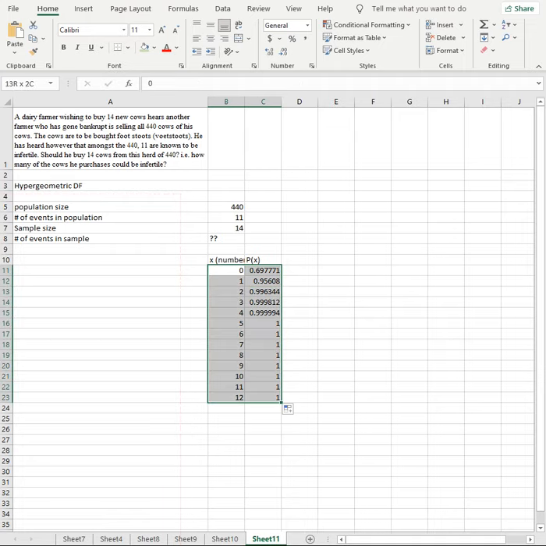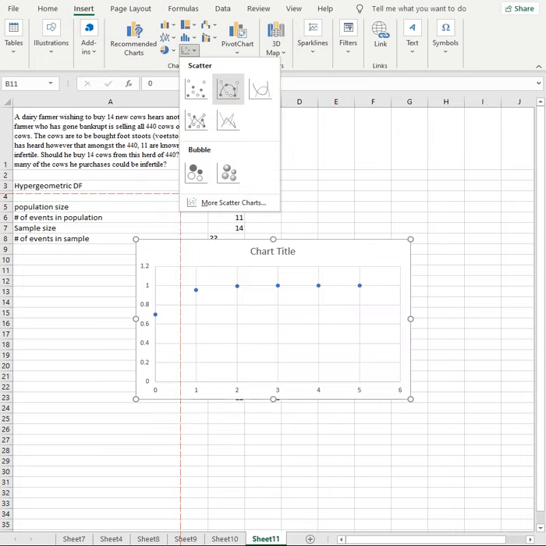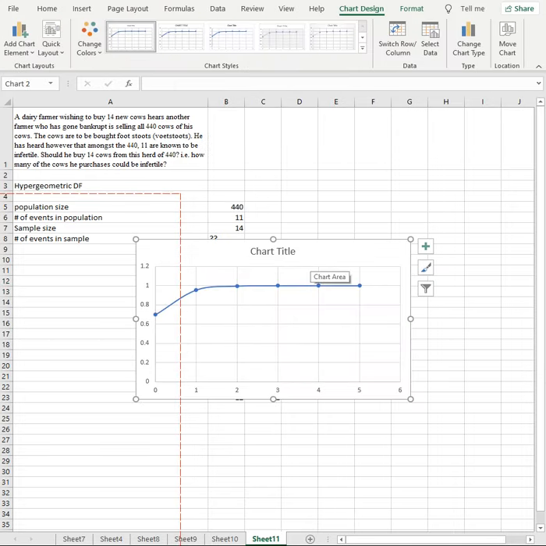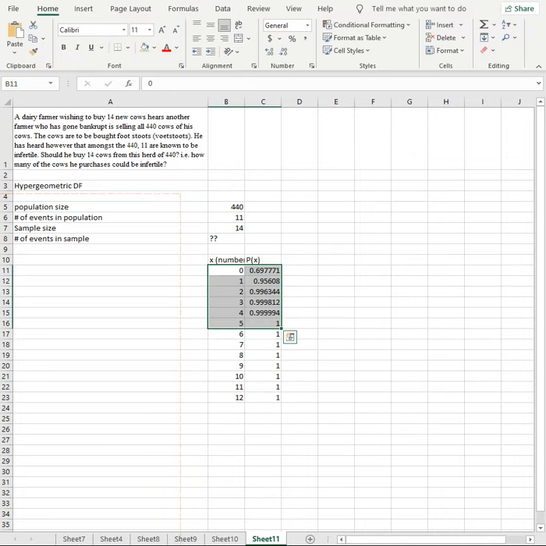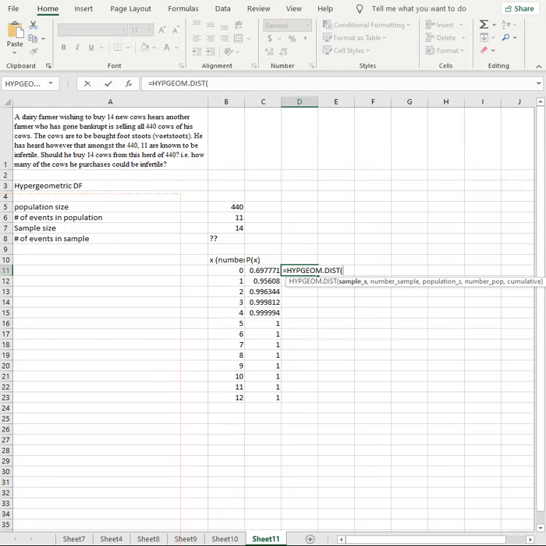But let's chuck it in a graph. Let's only go to here because that's probably all we need. Scatter plot. Actually, we'll do the other thing as well. All right, so this one, Hypergeo. So we'll do the same thing. We'll just plug in. We'll just make it a mass probability function.